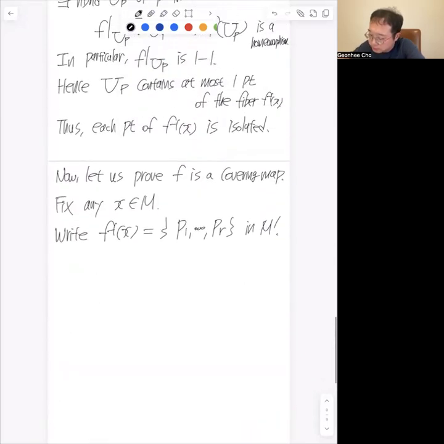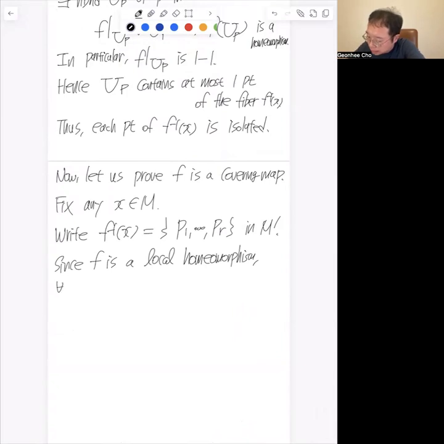Since F is a local homeomorphism, we are able to find a small neighborhood for each of these points p_1 to p_r.